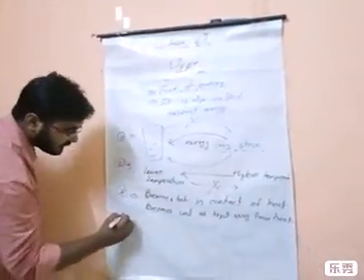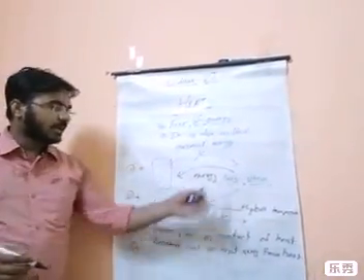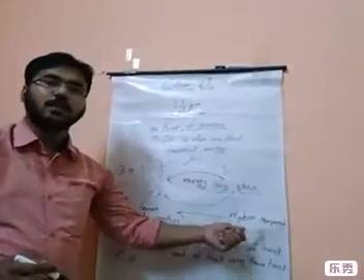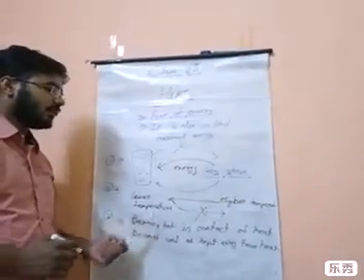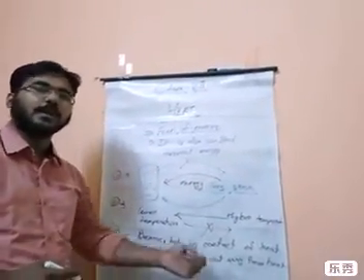Now our last point, the fourth point. Up to here we have studied that energy is transferred from one object to another. It travels from higher temperature to lower temperature. When an object is in contact with heat, it becomes hot. When it is kept away from heat, it becomes cool.